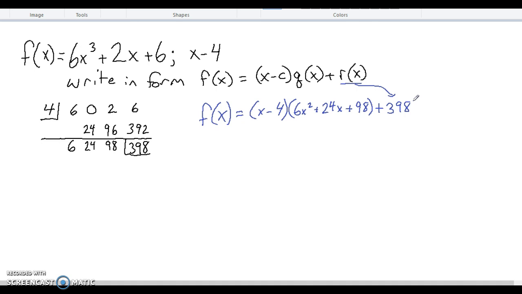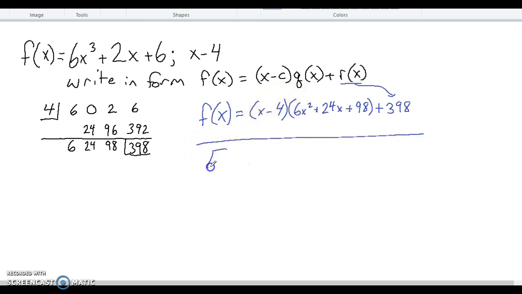However, we can double check. We can double check by doing multiplication, by distributing the x and the negative 4 through here and combining like terms. What I'm about to do is not required on these kinds of problems, but it might give you a good peace of mind and convince you that what we've just done does work.